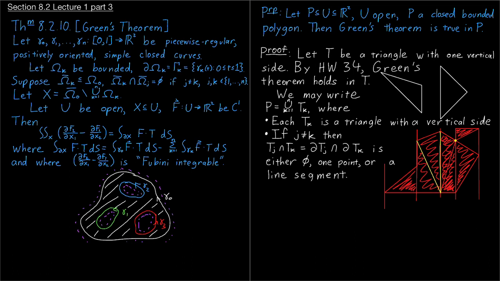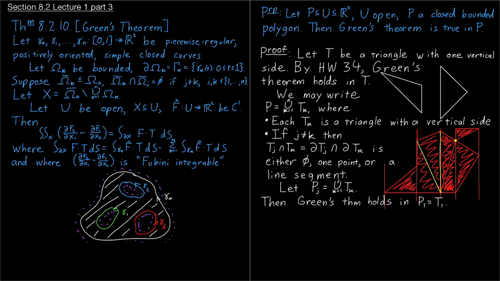So now let's talk about putting this together. Let's define P sub j as the union of the first j triangles. And then by your homework, Green's theorem holds in P1, which is just the triangle T1.